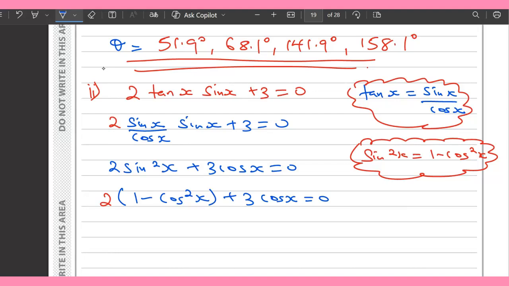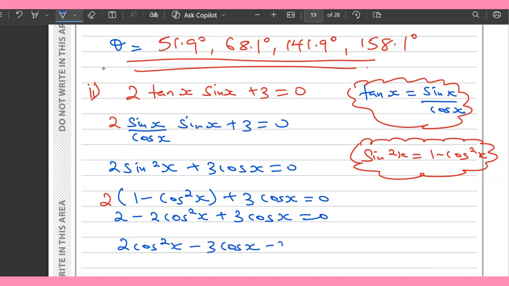Expanding by removing the bracket, we'll have 2 times 1 gives you 2 minus 2 cos squared x plus 3 cos x equals 0. We can rearrange this equation by getting rid of the negative, so if you multiply everything by negative 1, we'll have 2 cos squared x minus 3 cos x minus 2 equals 0.